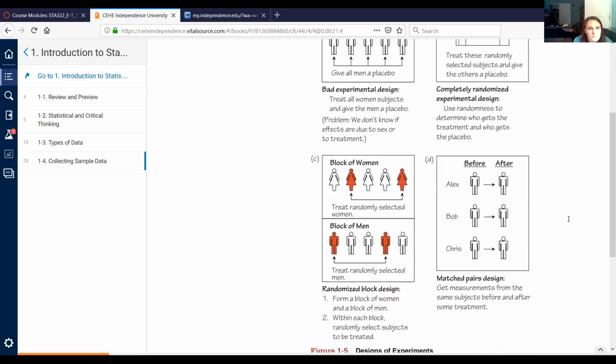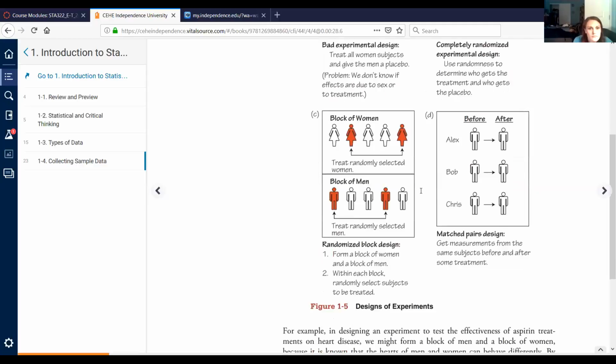Another way of doing this is matched pairs. Basically looking at the same subject before and after. So the matched pairs are the same person, but you're doing a before and after study. Most clinical trials in medicine use this kind of design. They don't call it that, but they are looking at a patient before going into this experimental treatment and then looking afterwards.